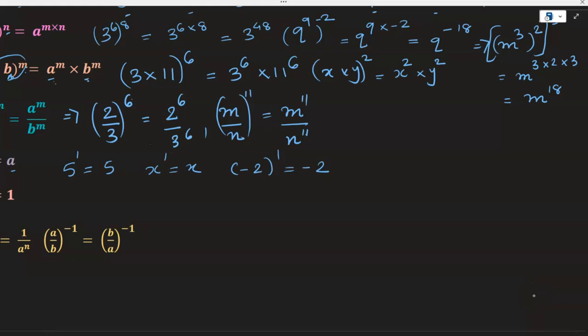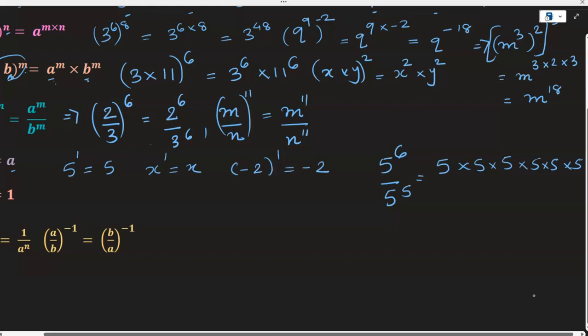Let us say I have 5 to the power 6 divided by 5 to the power 5. Now I can simplify this expression with the law and without the law. First, let us simplify without using the laws. We very well know 5 to the power 6 is nothing but 5 multiplied 6 times.